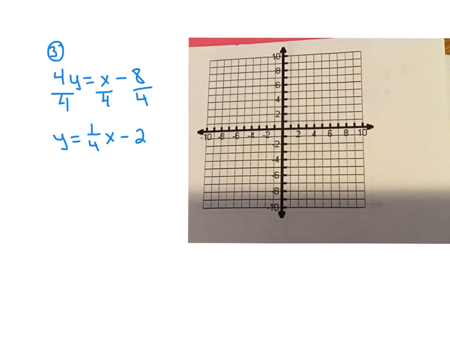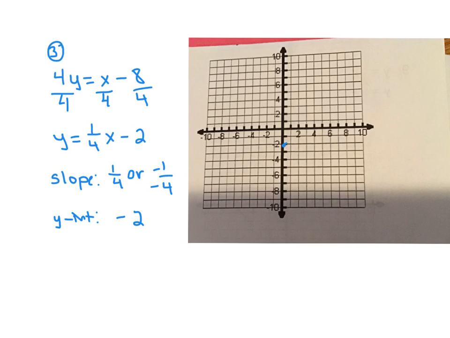Now I can figure out my slope and my y-intercept. Y-intercept, negative 2. Slope, 1 over 4, or remember it can be negative 1 over negative 4, because two negatives turn into a positive.